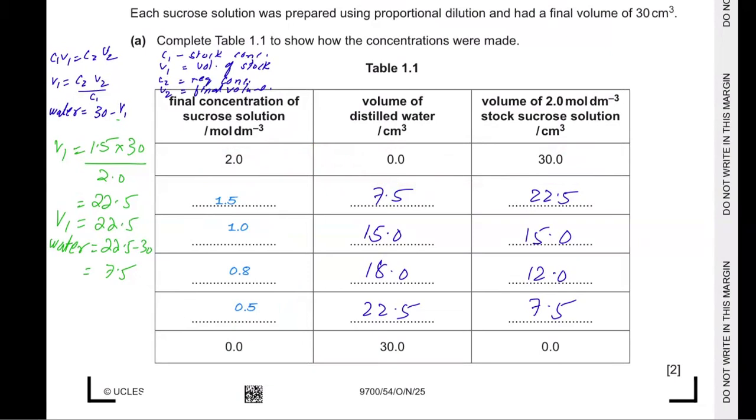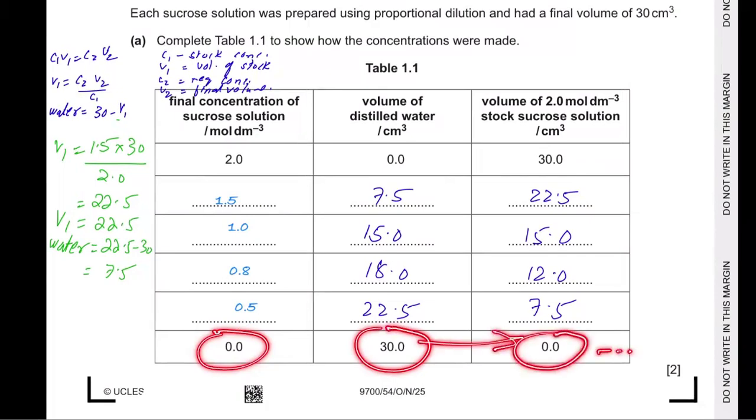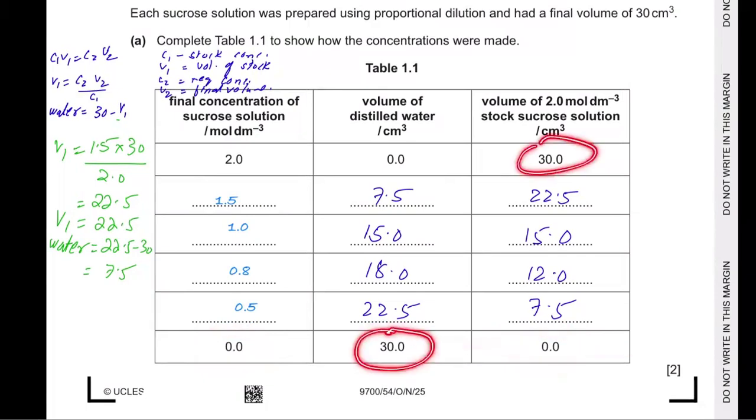Then if the final concentration of sucrose is none, there's nothing there, all distilled water, and how much sucrose solution has been used up? Zero. None of it. So the entire 30 cm cube will be water, and here the 30 cm cube will be sucrose.